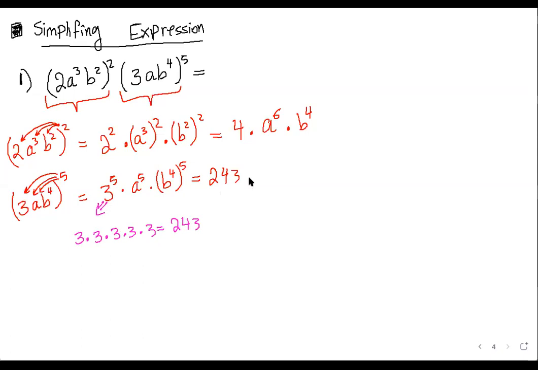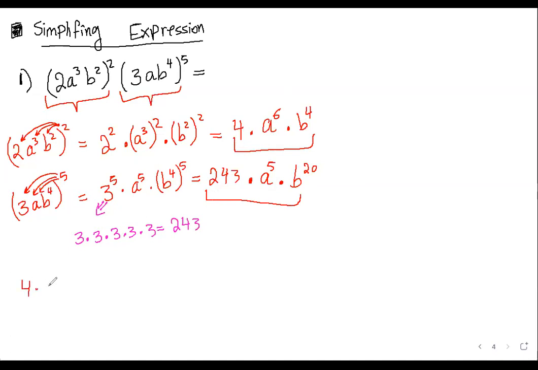So again, times a to the power 5, times, here again the same idea as before, b, 4 times 5 is 20, b to the power 20. So right now the two terms are simple. Now we have to multiply this one by this one.